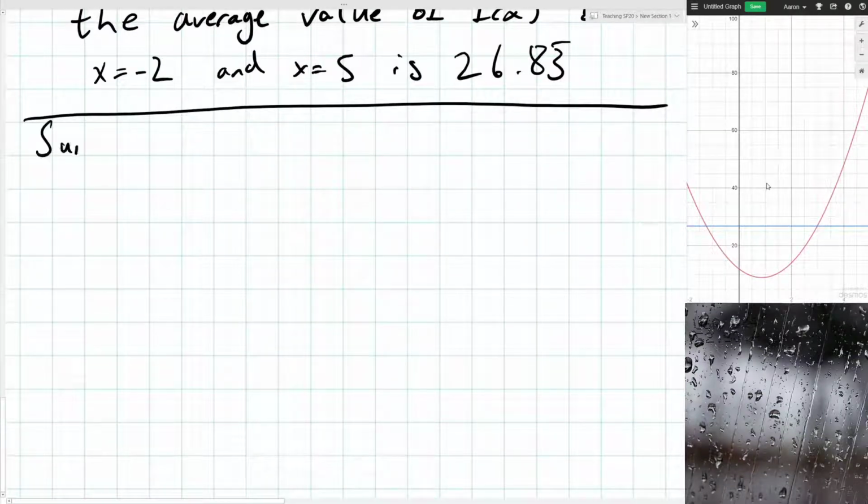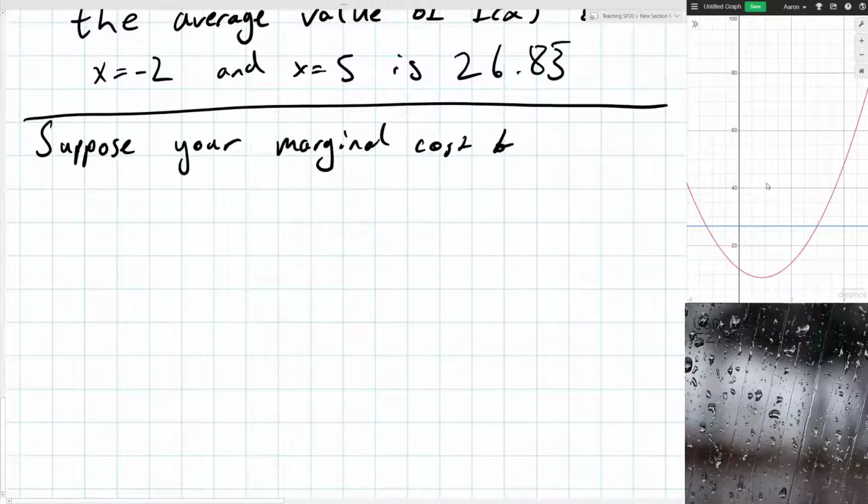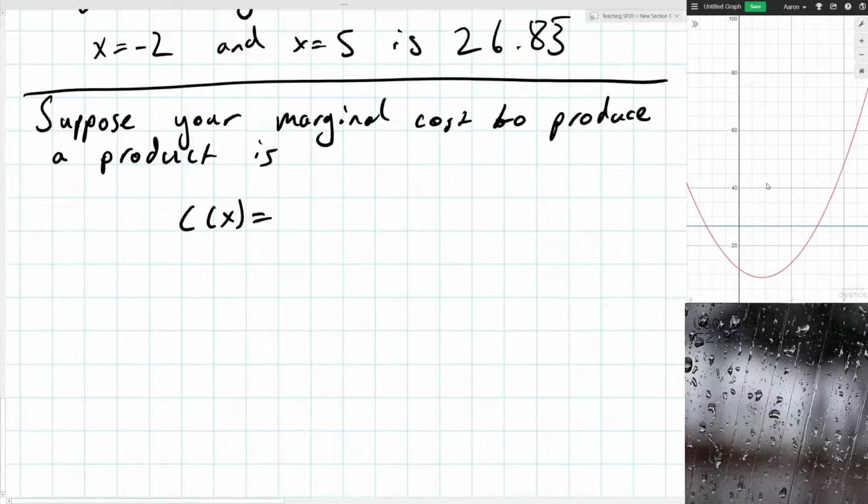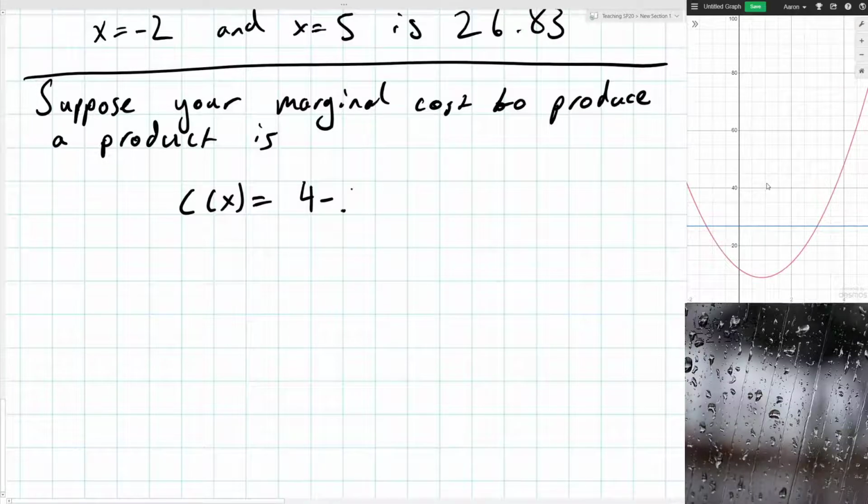So suppose your marginal cost to produce a product is C of x equals 4 minus 0.2x squared.